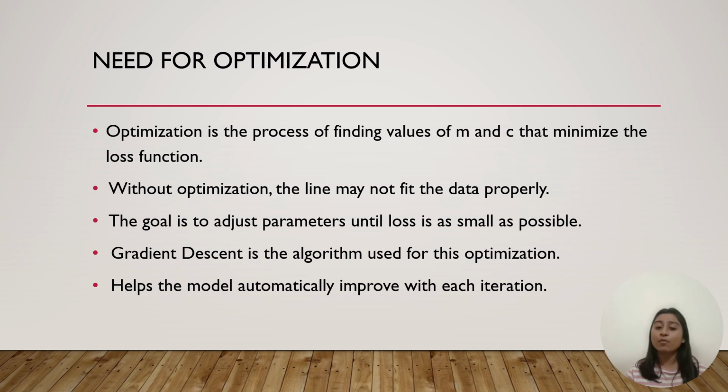The most popular algorithm used for this process is gradient descent, which helps a model automatically learn the best values for m and c through repeated updates. So optimization is basically how the model learns step by step until it gets the best possible line.